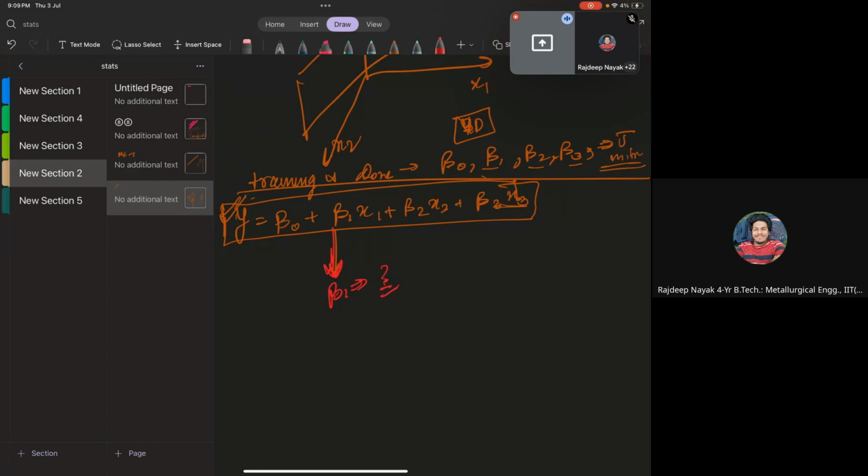Right? Yes or no? What exactly is this? How can we interpret it for the model? What does beta 1 tell me? How can I interpret this in terms of the model? It tells how important x1 is for the model. Good.